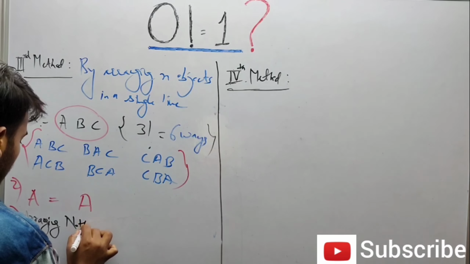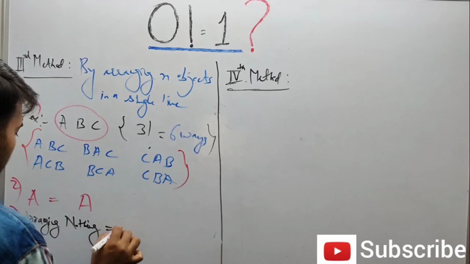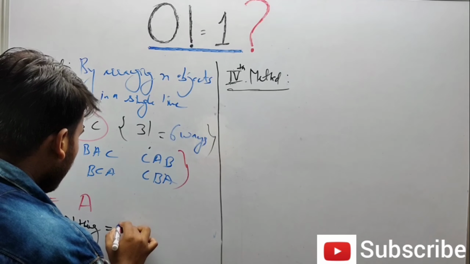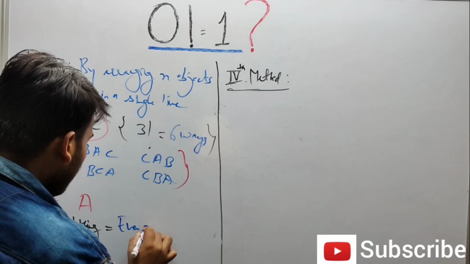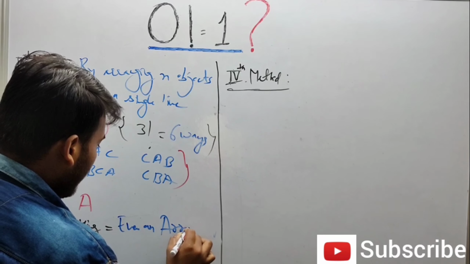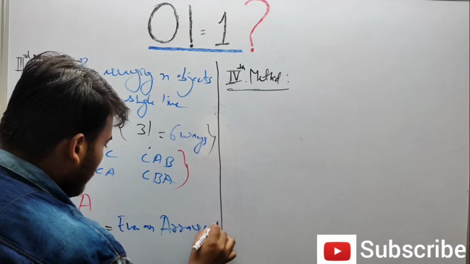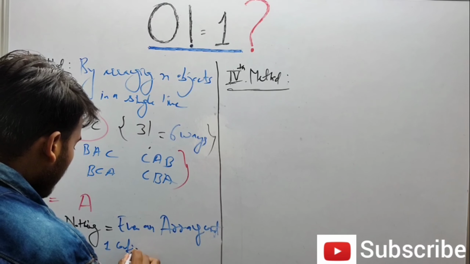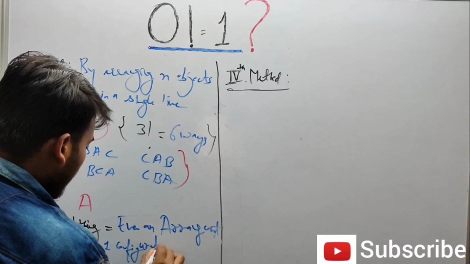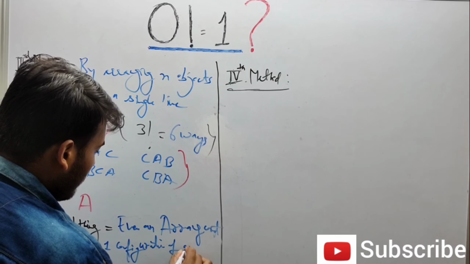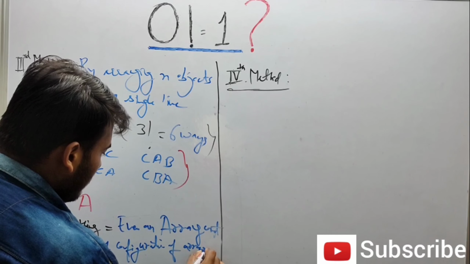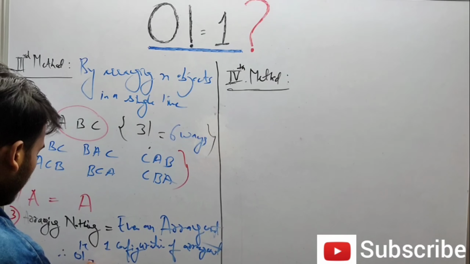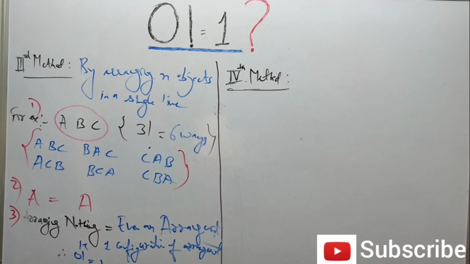Arranging nothing is even an arrangement, that is one configuration of arrangement. Therefore, 0 factorial equal to 1.